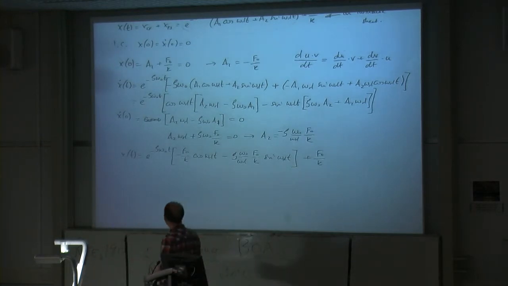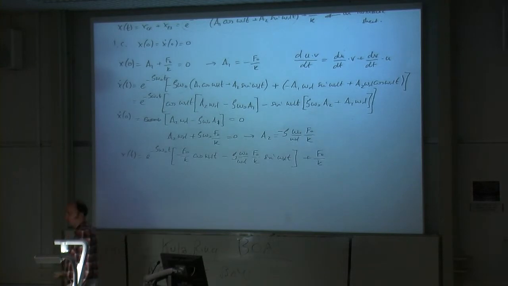Obviously that f naught upon k term disappears when you take the derivative because it's not a function of time. So the derivative of a constant we know is 0.